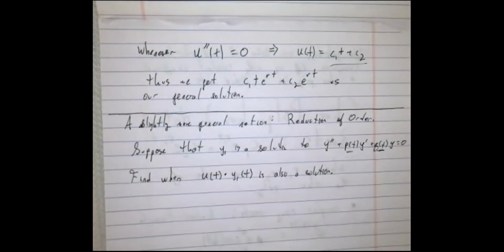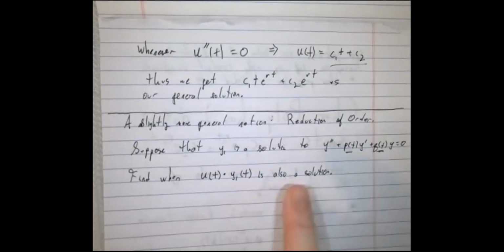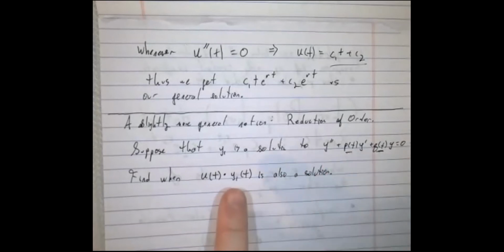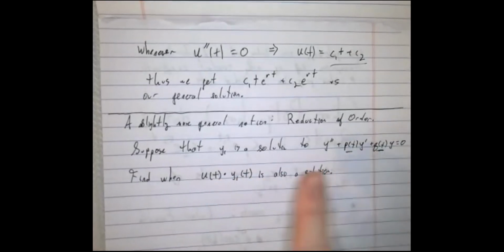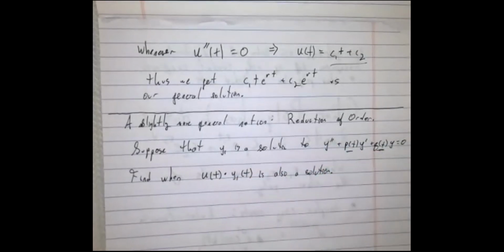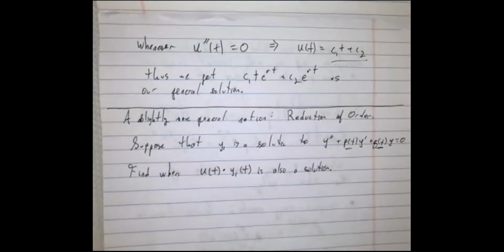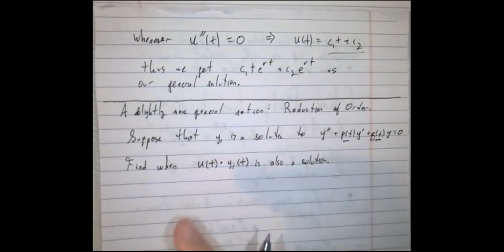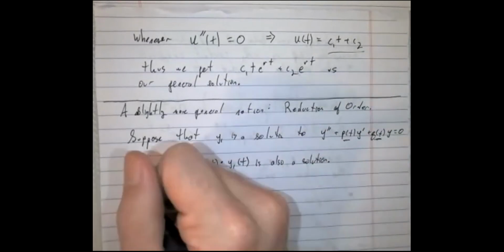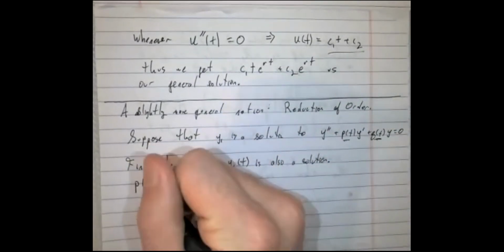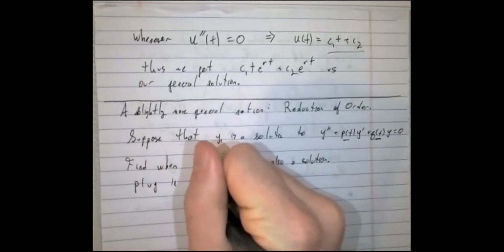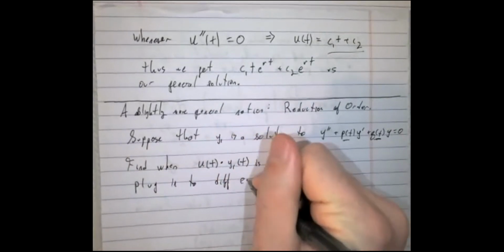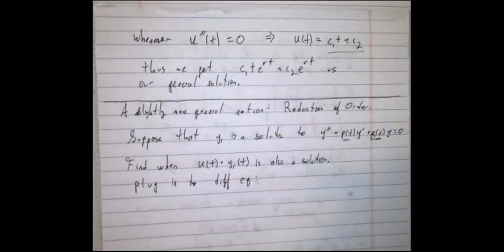And the answer is pretty simple. All that we need to do is plug this function into this expression. So we need to take second derivatives here, first derivatives here, and so on. We did this yesterday, but it's not a bad idea to repeat it. So what's the second derivative of this product of functions? Plug this into the differential equation. What do we get?